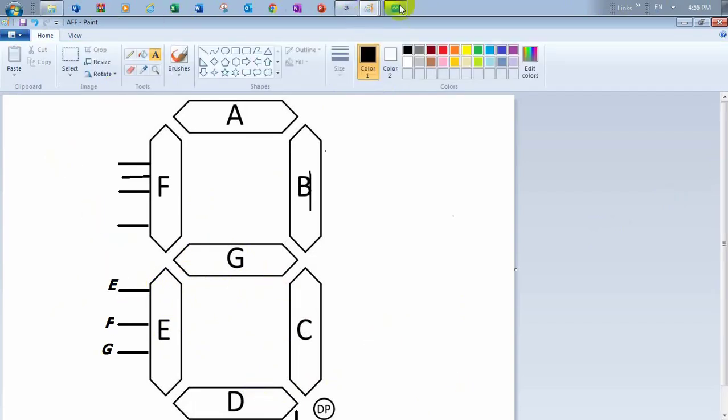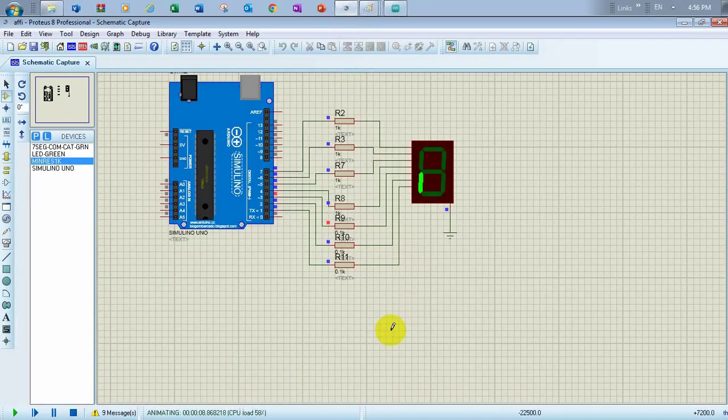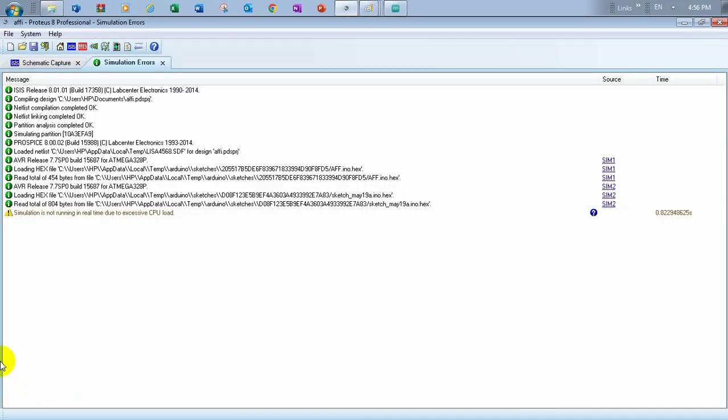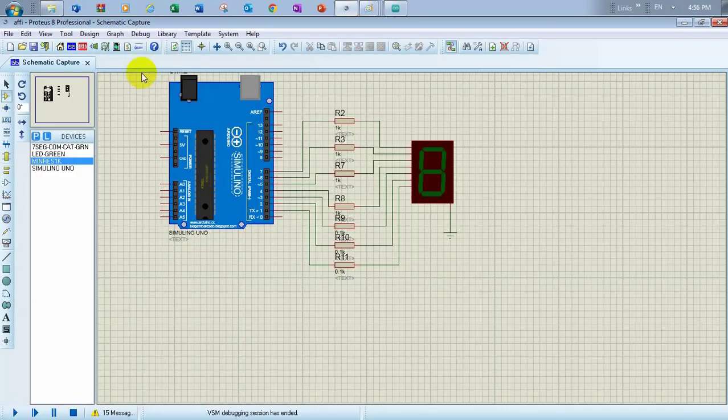So this segment is linked for pin number 4, unit pin number 4. So let's write instructions.